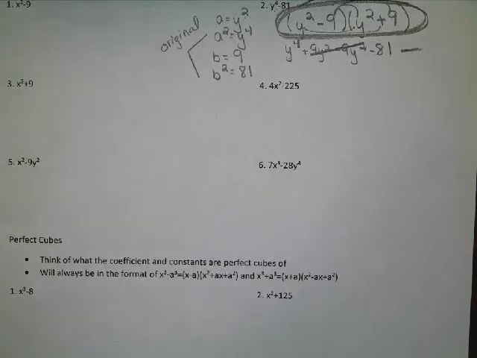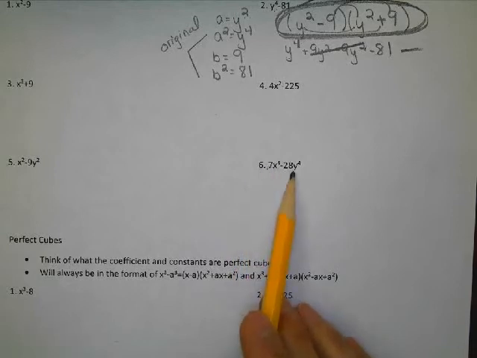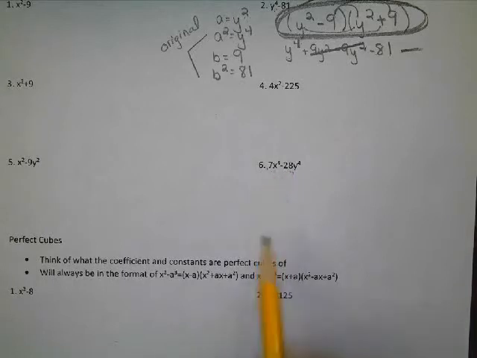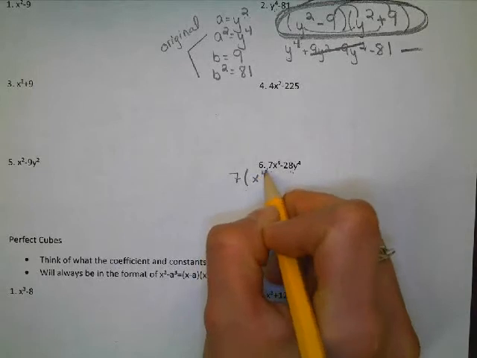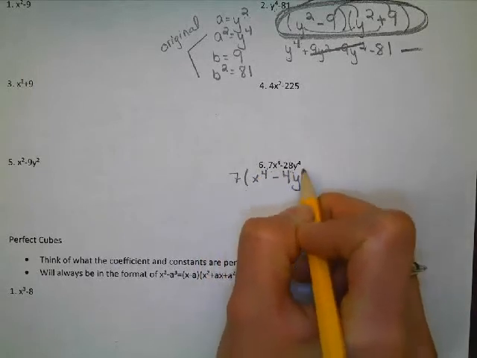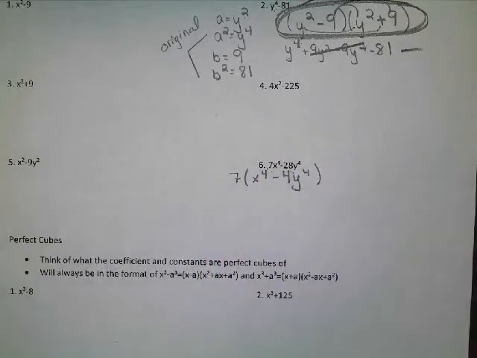First, what I want to do though is take out what's common, because if I look at this, I see that there's a 7 here and a 28 here. I know that 28 has a factor of 7, so I'm going to pull that 7 out right away first. So I'm left with x to the 4th minus 4y to the 4th. And then I'll just carry that 7 around as I factor.